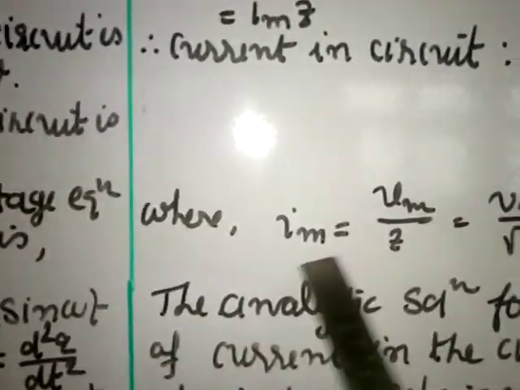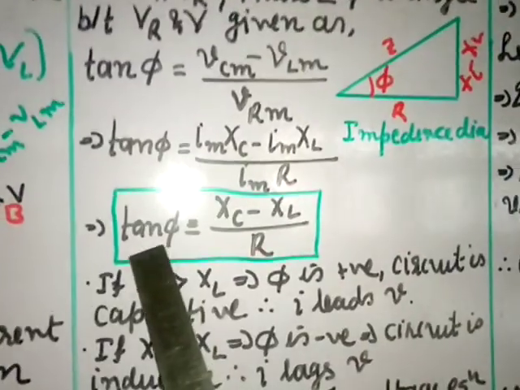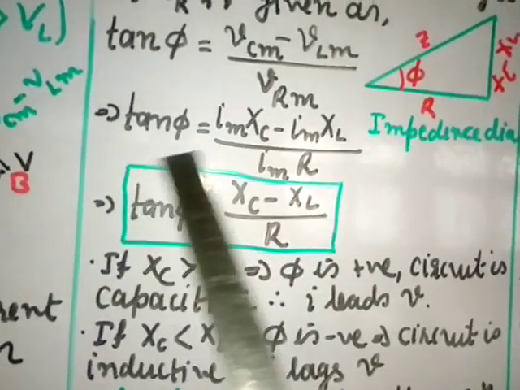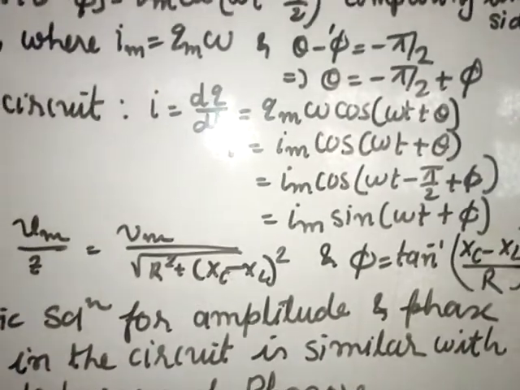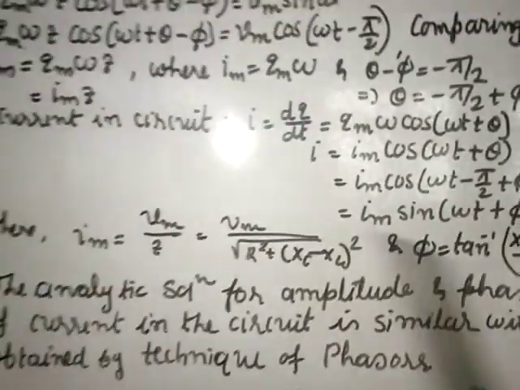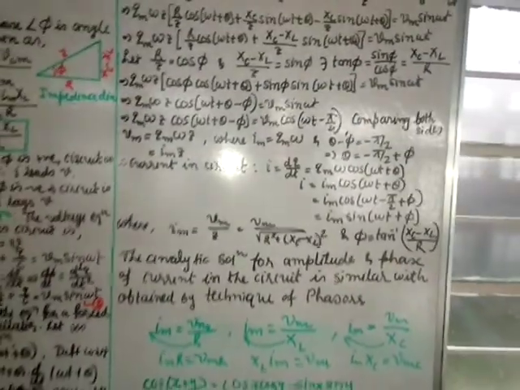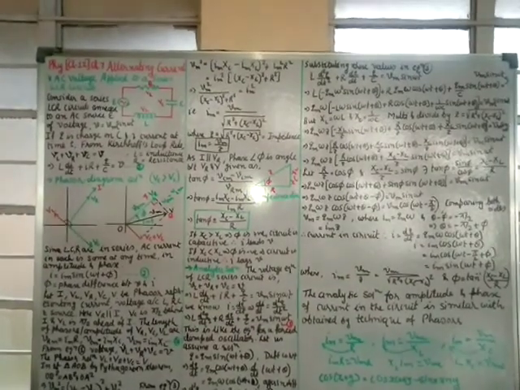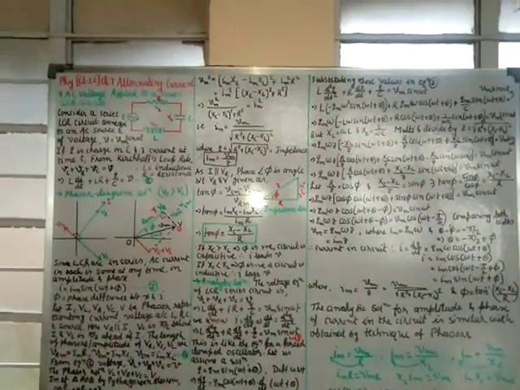Here also Im is equal to Vm by Z, and tan phi is equal to (Xc minus XL) by r, so phi is equal to tan inverse (Xc minus XL) by r. So we have found the current and the phase difference to be the same with both methods. That is the solution of the AC voltage applied to a series LCR circuit.